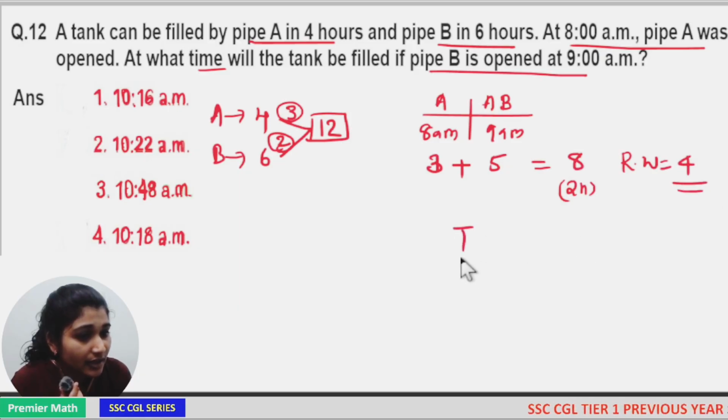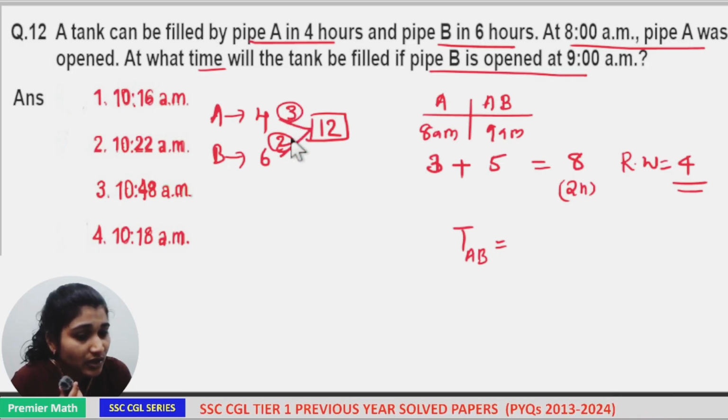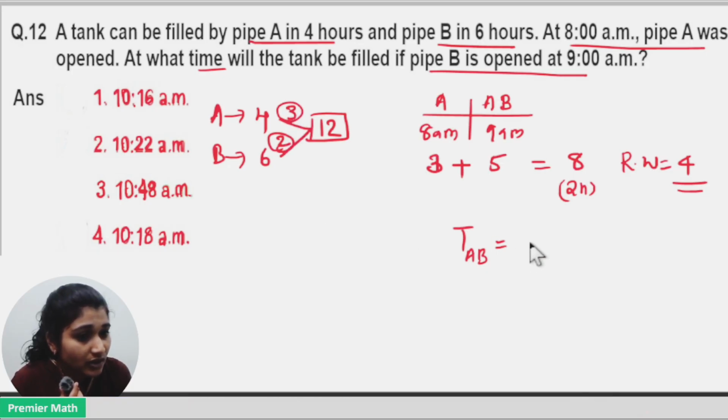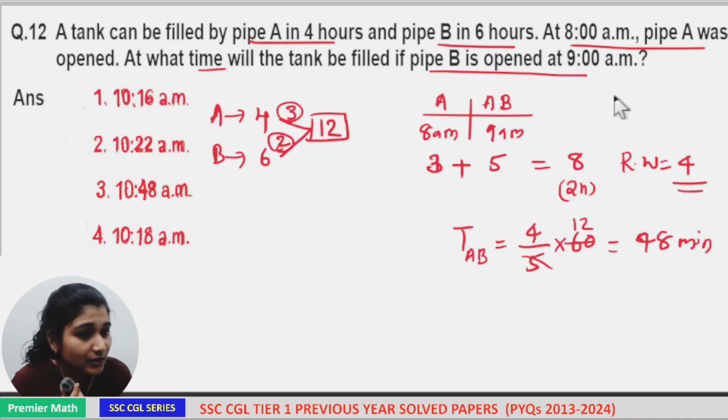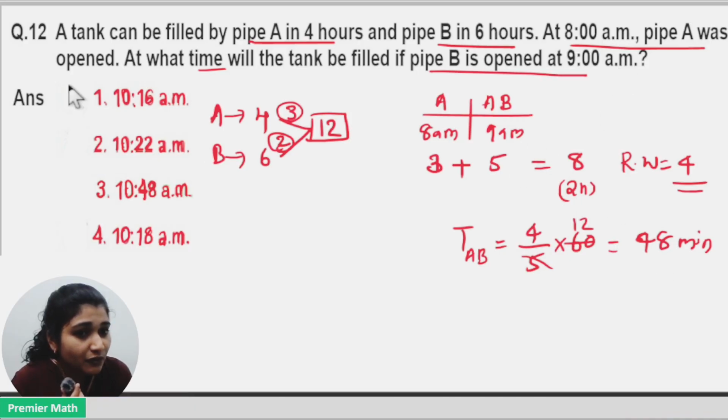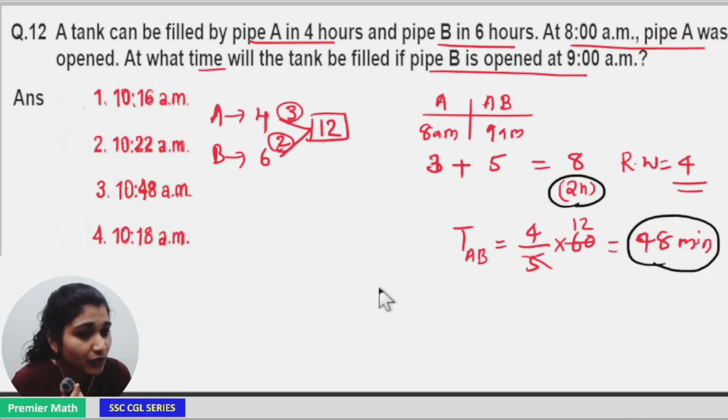So the time taken by A and B to complete these 4 units: in 1 hour A and B together complete 3 plus 2, 5 units. Then 4 units are completed in 4 by 5 hour. So convert it into minutes, which is 12 into 4, 48 minutes, which means the time needed is 2 hours plus 48 minutes.